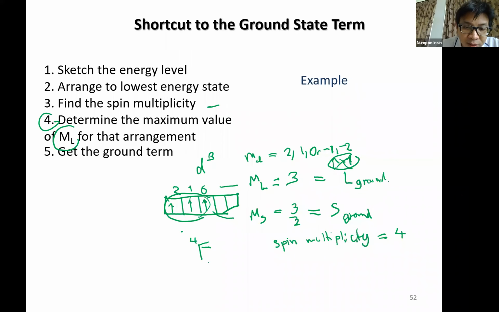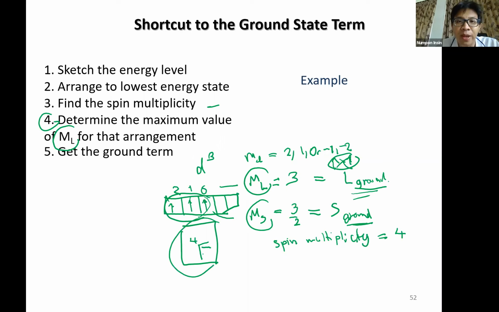Okay, so simple, right? If I ask you only the ground state, you can take the MS of the highest arrangement as the S of the ground term and the ML of the lowest energy arrangement as the L of the ground term, and you can get the ground term right away. Okay, so you can practice using this.